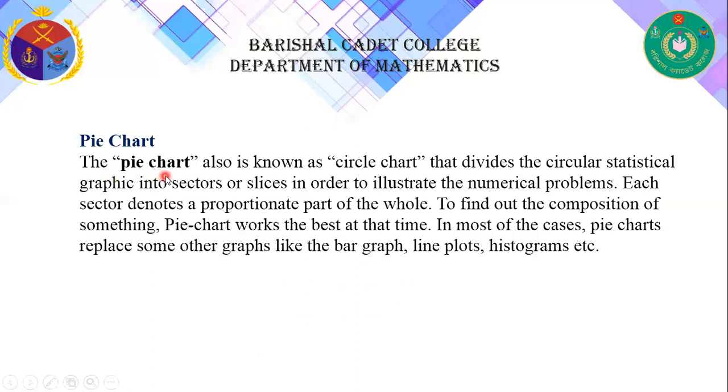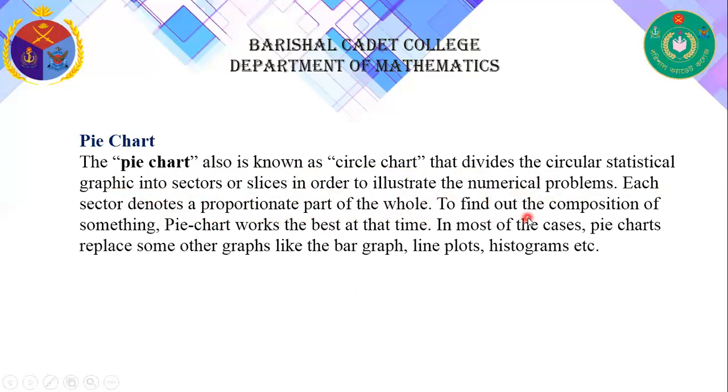The pie chart is also known as a circle chart, that divides the circular statistical graphic into sectors or slices in order to illustrate numerical problems. Each sector denotes a proportionate part of the whole.